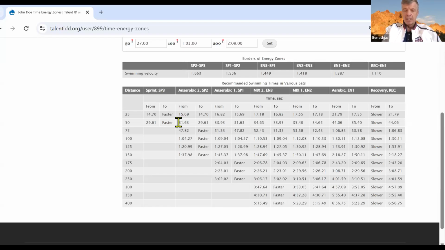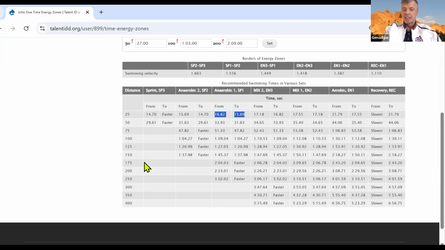And again, if this swimmer needs to do sprint, let's say energy zone 25s, in this case, he should do 14.7 seconds or faster. If this swimmer wants to swim Anaerobic 2, which is the peak lactate zone, 25s would be between 14.7 and 15.69. If the swimmer wants SP1 or the anaerobic development zone, it should be between 15.69 and 16.82, and so on.